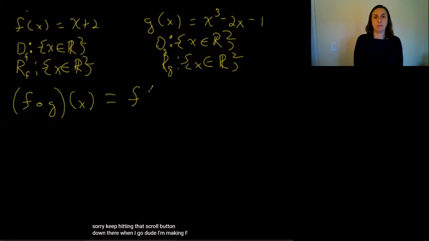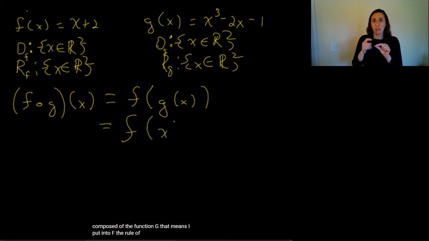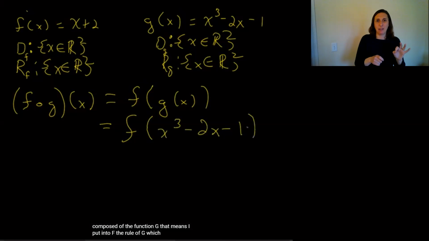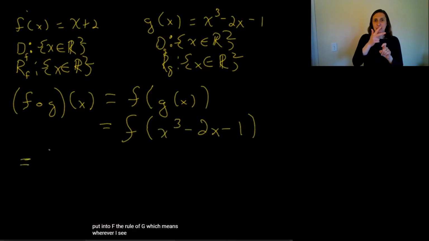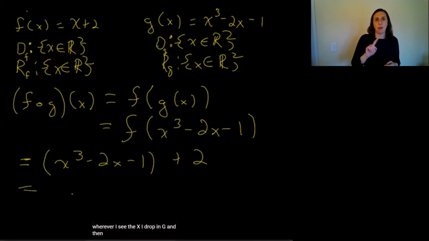I'm making f composed of the function g. That means I put into f the rule of g, which means wherever I see the x, I drop in g, and then I combine like terms.